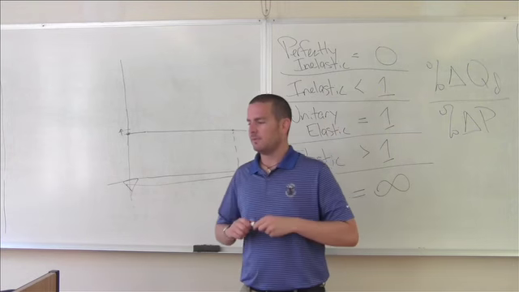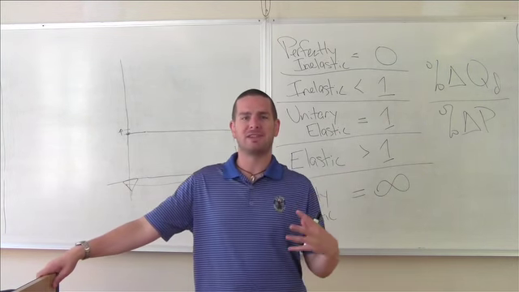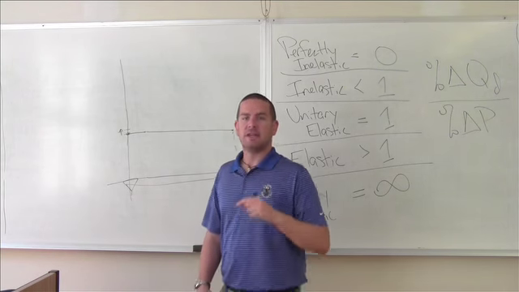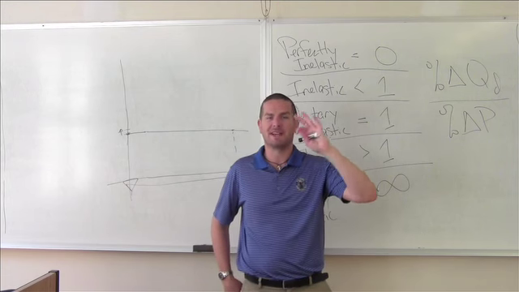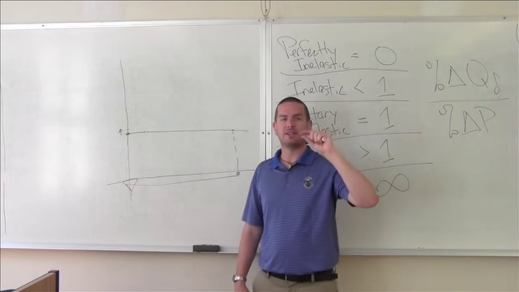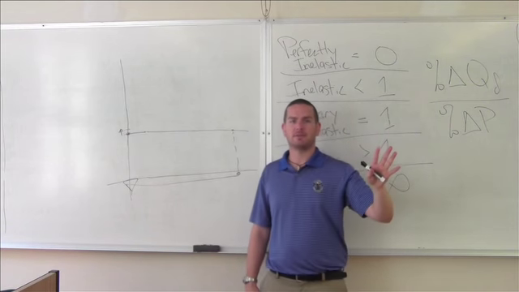And in fact, that's what a perfectly elastic demand curve is. It's when, if there's a slight change in price, even 1 cent, a half cent, if the price goes up slightly, the whole demand collapses.